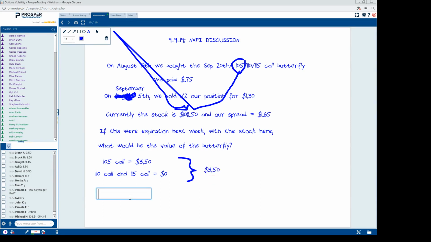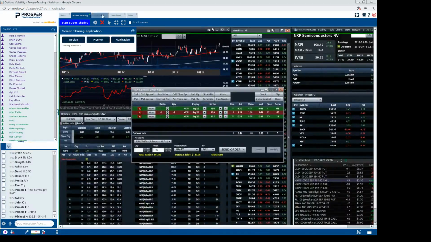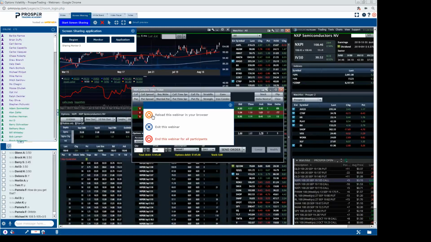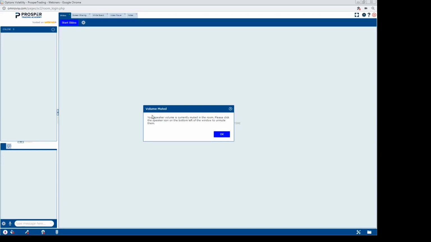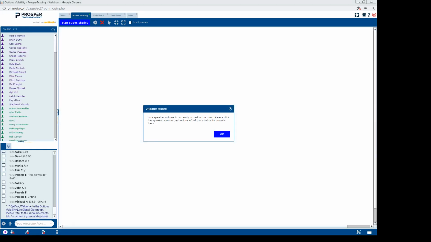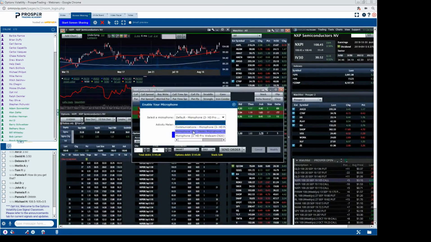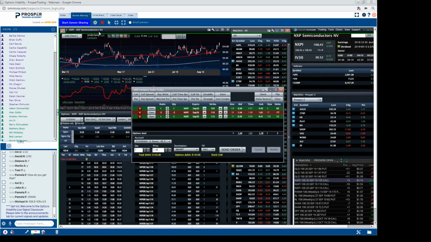Okay, well, if we know it would be 350 at expiration, but it's only trading $1.65 right now. God, I don't know why this keeps happening. This happened on Friday too. Let me refresh my screen here, guys. Hang on. This is just my screen. You should still be able to hear me.